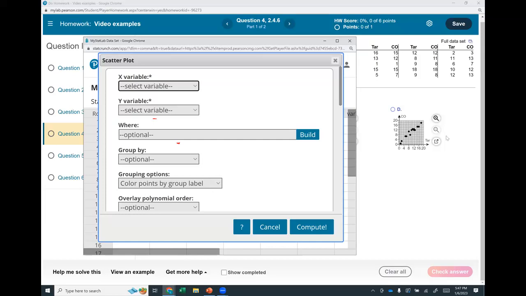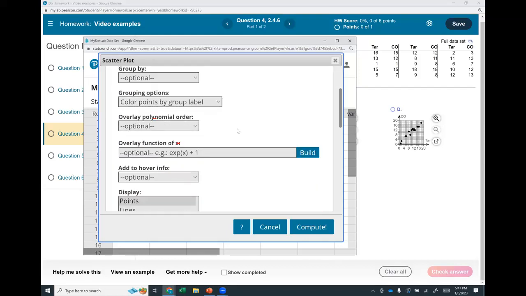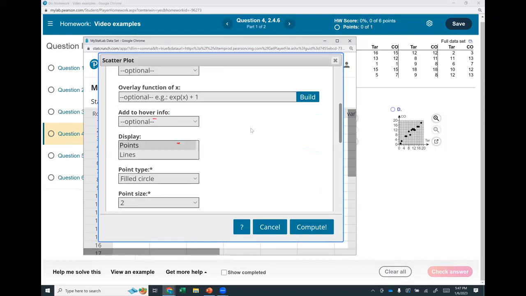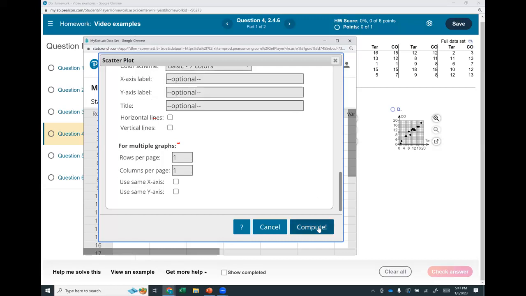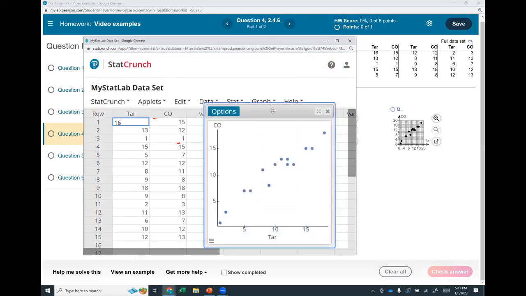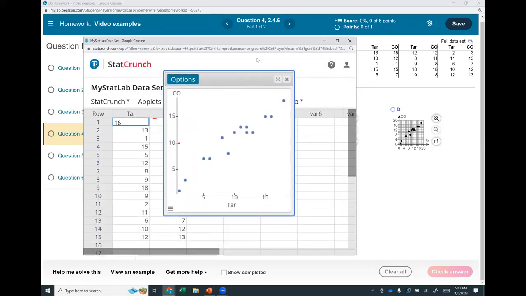And my x-axis, we can see, is tar. So let's pick tar. And my y-axis is carbon monoxide. And I don't think there's anything else I really want to put here. No, I'm good. And then I hit compute. And there is my graph.